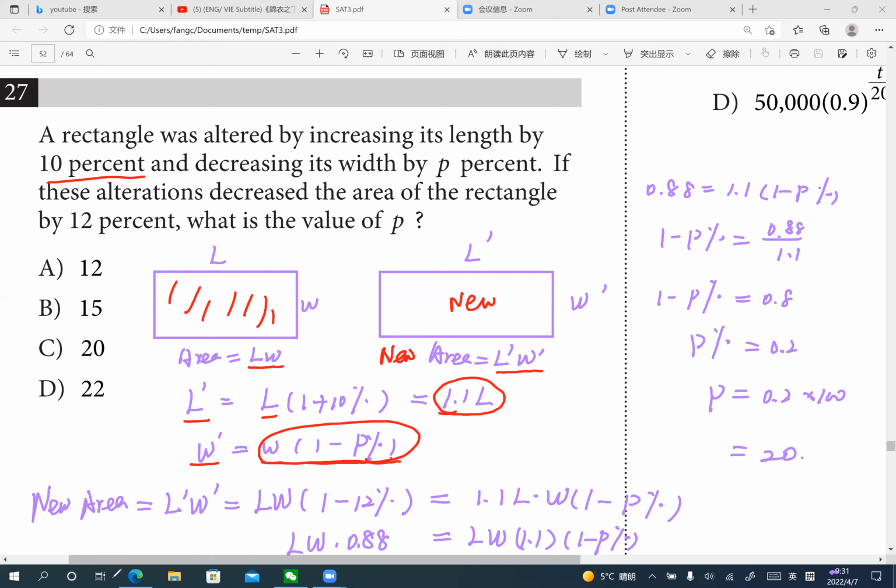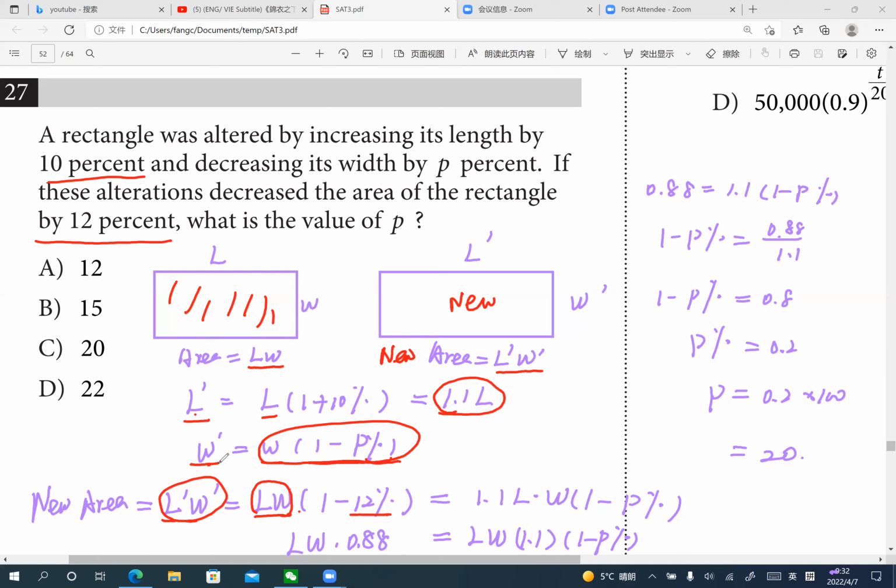And from the question, we know the new rectangle area is decreased by 12%. So the new area, which is L prime W prime, should be equal to the original area times 1 minus 12%. And we also know the new length is 1.1 L and the new width is W times 1 minus p%.